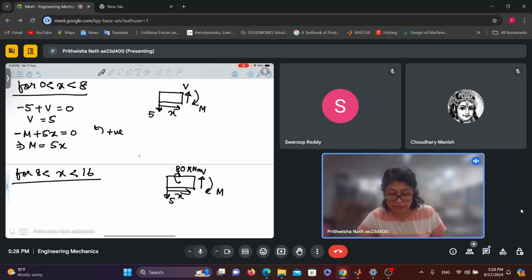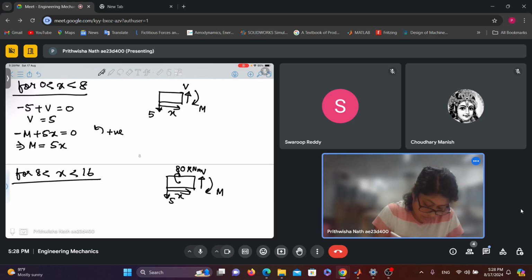Now can you tell me what should be the shear force for the second part? Just by looking at it, can you tell me what should be the shear force? So 5 is acting down, in the negative y direction. So minus 5. We have assumed V in the upward direction. So plus V, right? Equals 0. V is again 5.